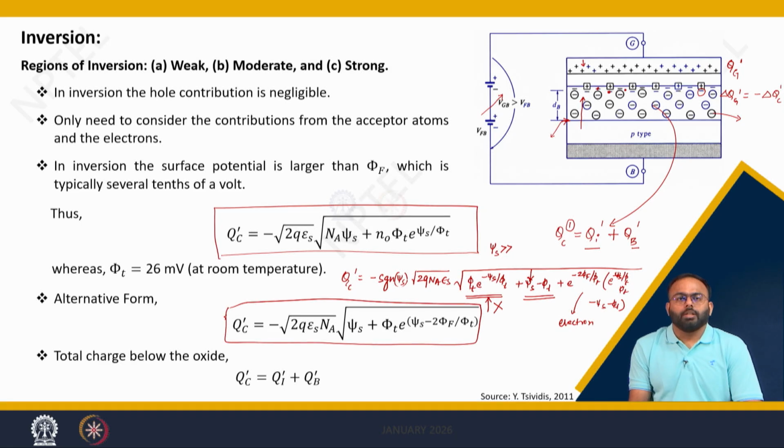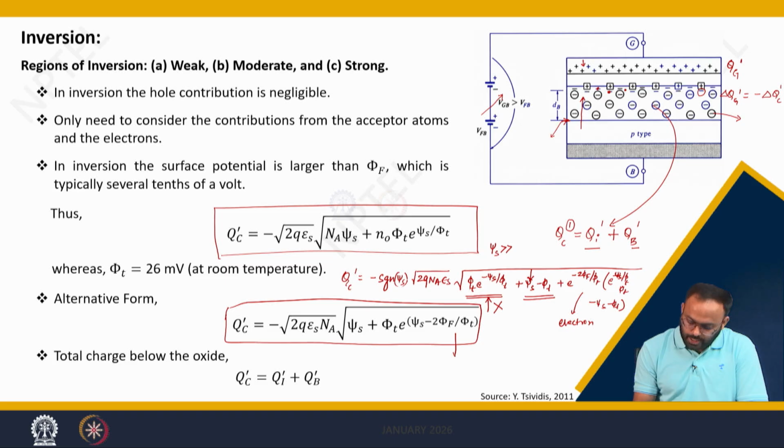Point to be noted here that this QC dash is the total charge when the surface potential increases beyond phi f. This total charge can be given by the inversion charge plus the bulk charge or the depletion charge.